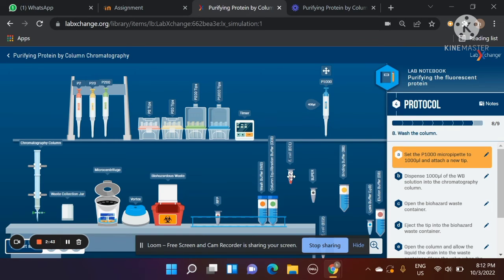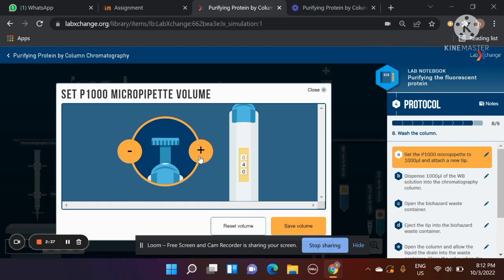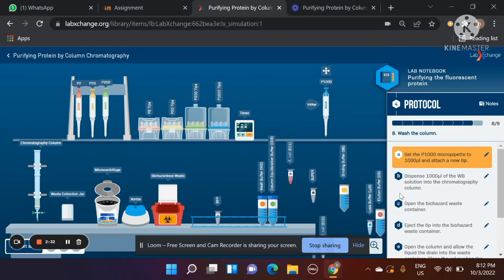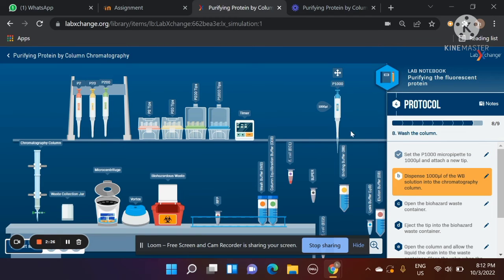Wash the column is again, set the pipette to 1000 microliters. We already got the volume, so save the volume. Then get a new tip. Then dispense the WB solution. WB solution is over here.